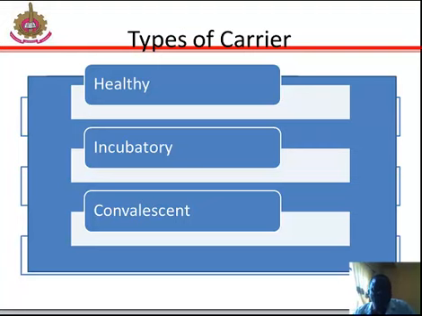When you talk of an incubatory carrier, it is one who is infected and capable of disseminating that infection, but the infection has not reached the stage at which it can produce clinical signs in that individual. So we call that individual an incubatory carrier.